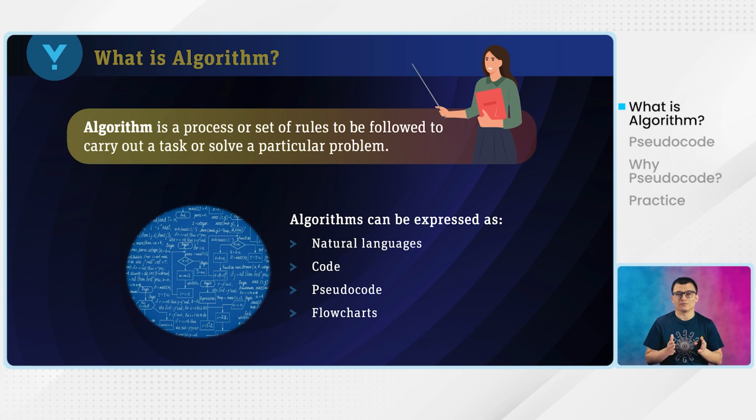The algorithm can be expressed in a programming language as well, using its syntax and its constructs. And besides natural language and code, an algorithm can also be expressed in pseudocode and flowcharts. In this video and the next, we will talk about pseudocode and flowcharts in detail. We will get to know what pseudocode is, what flowcharts are, and how we can use them.